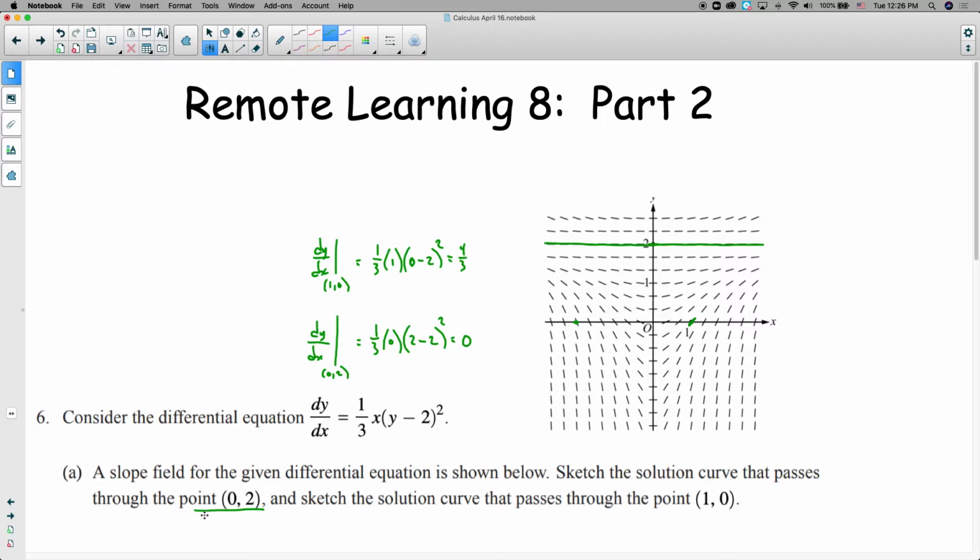Okay, so this might make a little more sense as I go on to the next one. So I'll switch colors for the next one. And as my curve goes through (1, 0), it has a positive tangent slope. Its tangent slope is 4/3, so it's going to be moving up in that direction.